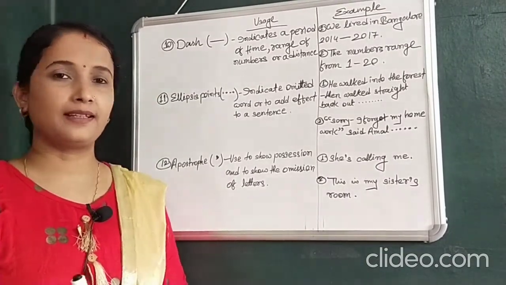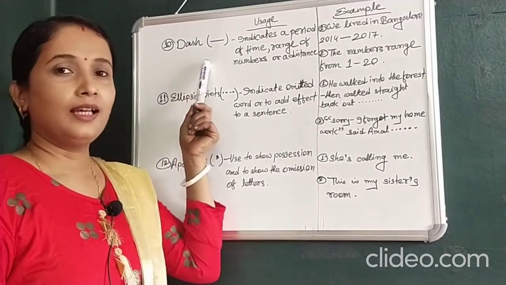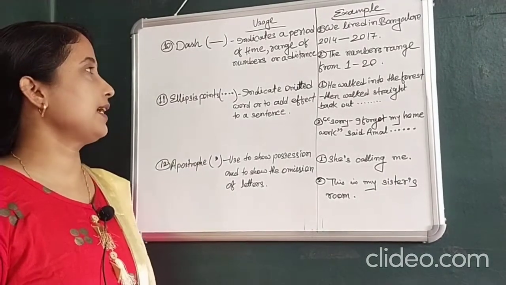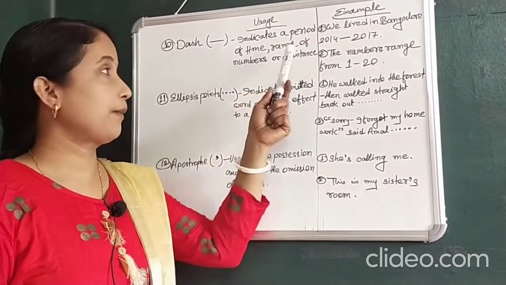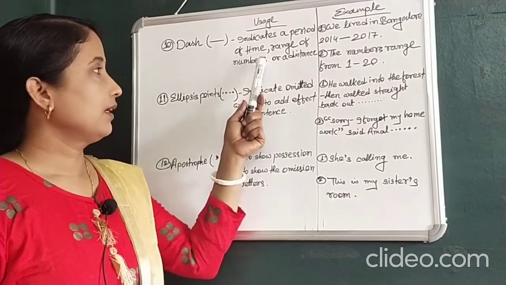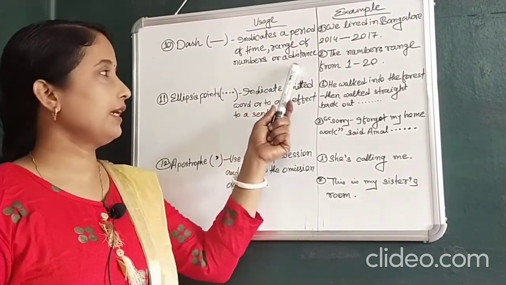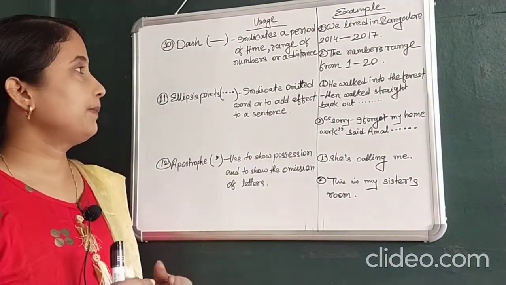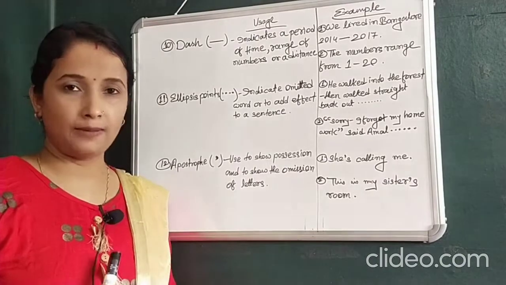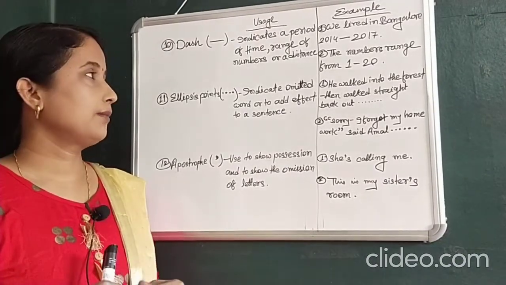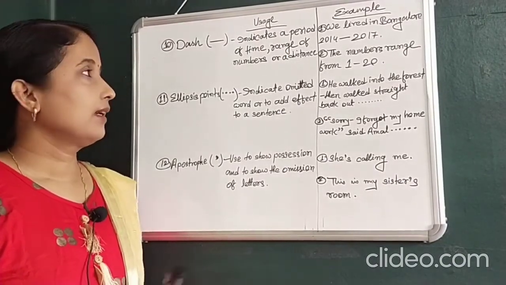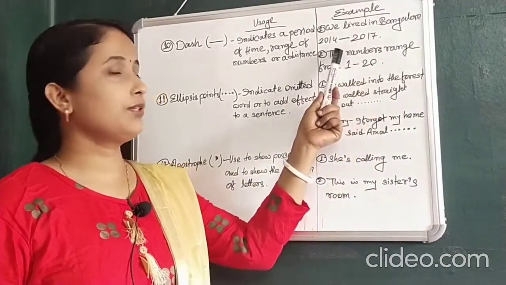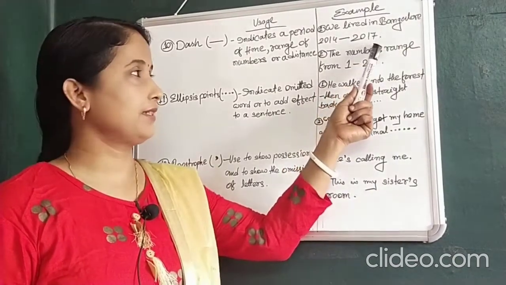Next punctuation mark is the dash, and this is the symbol of the dash. When we use a dash, it indicates a period of time, a range of numbers or a distance. Let's say an example: we lived in Bangalore 2014-2017.